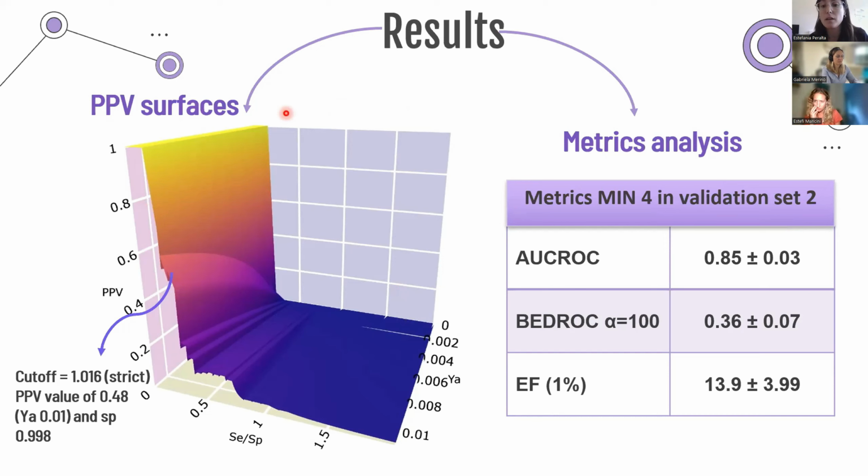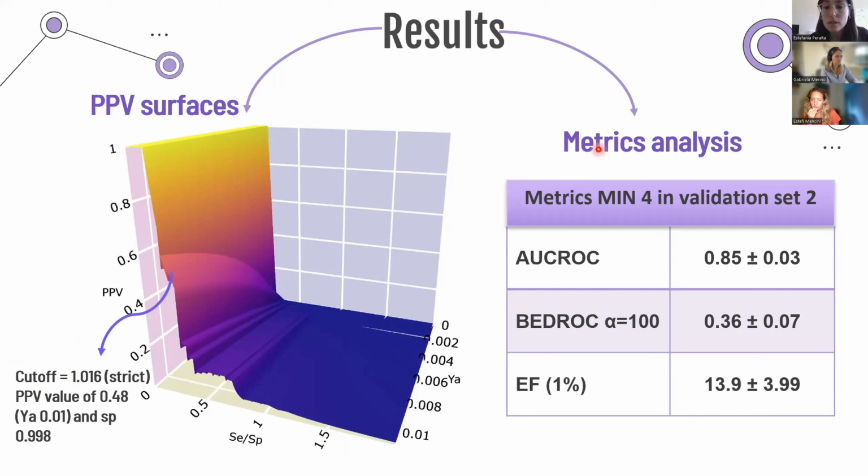The plot shows the interplay between the PPV, the sensitivity-specificity ratio, and the yield of actives in the screened chemical library. We chose a strict cutoff score where we would select fewer compounds, but with a higher chance of finding an actual hit.